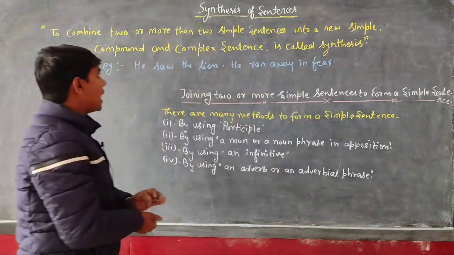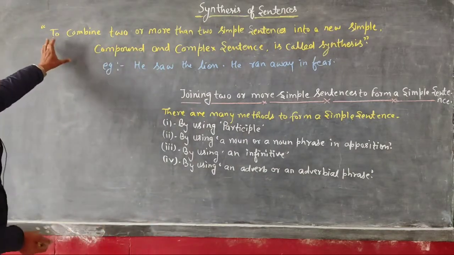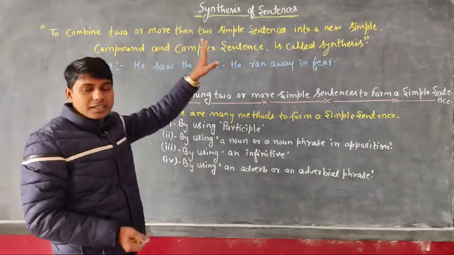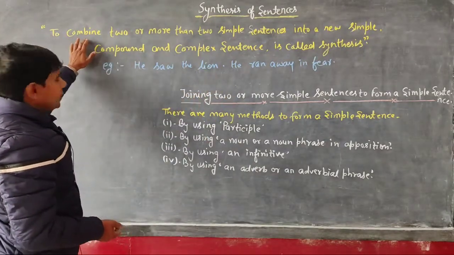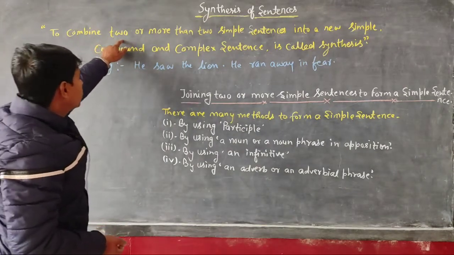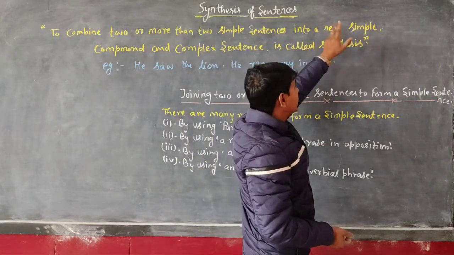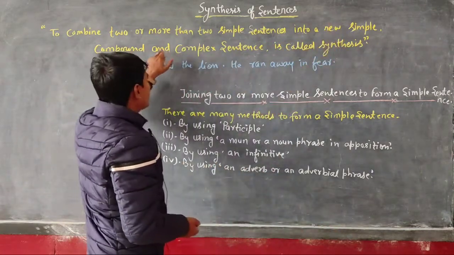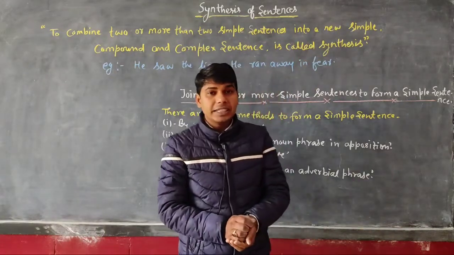So dear, I have mentioned the definition in yellow color. Those two lines are the definition of synthesis. So let's see what is synthesis. To combine. Combine means join. To combine two or more than two simple sentences into a new simple, compound or complex sentence is called synthesis. Is that clear?